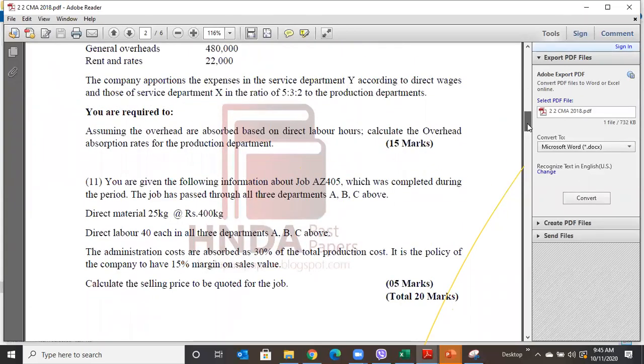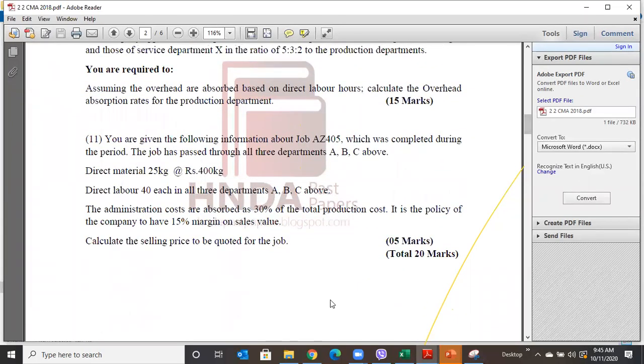Okay. Question number 2.2. You are given the following information about job AZ405, which was completed during the period. The job has passed through 3 departments A, B, C. Material 25 kilograms, rupees 400.